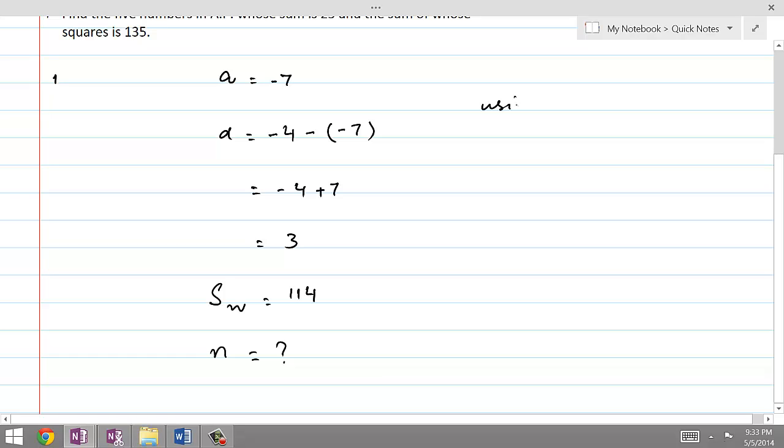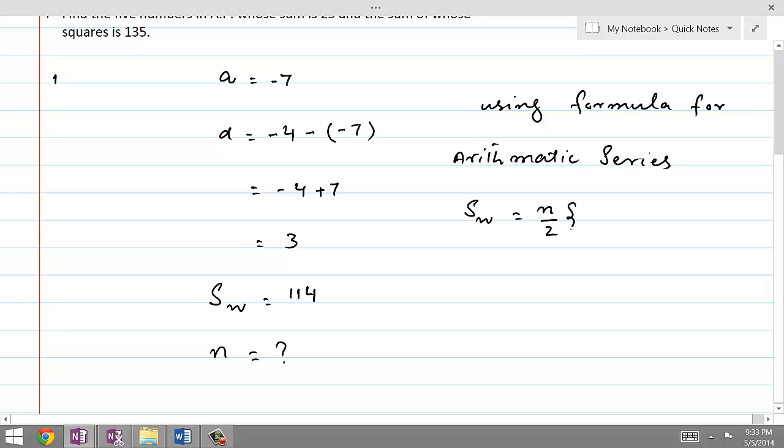Using the formula for arithmetic series, that formula is Sn is equal to n by 2 times (2a plus (n minus 1) into d).